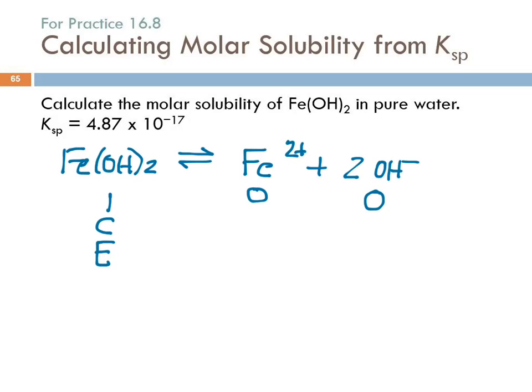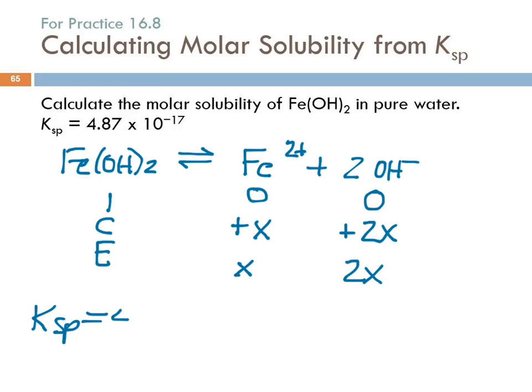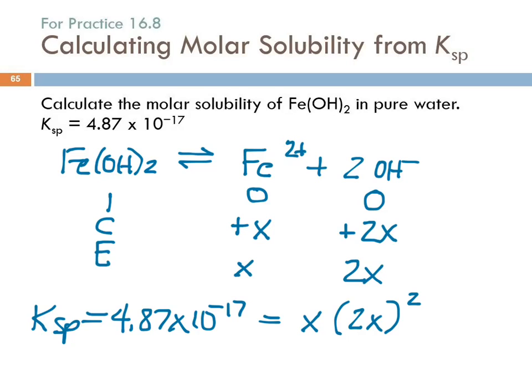What's the change for the iron? We'll call that plus X. What's the change for the hydroxide? Plus 2X. Ooh. So here we've got X, and we've got 2X. KSP, which is 4.87 times 10 to the minus 17 equals X times 2X, the quantity squared.